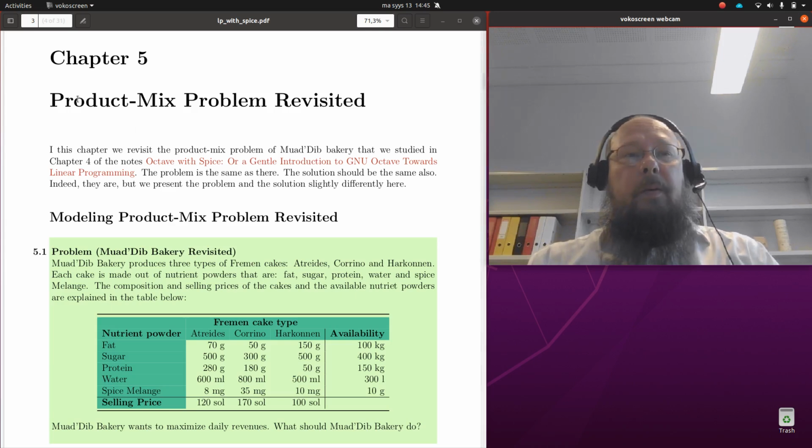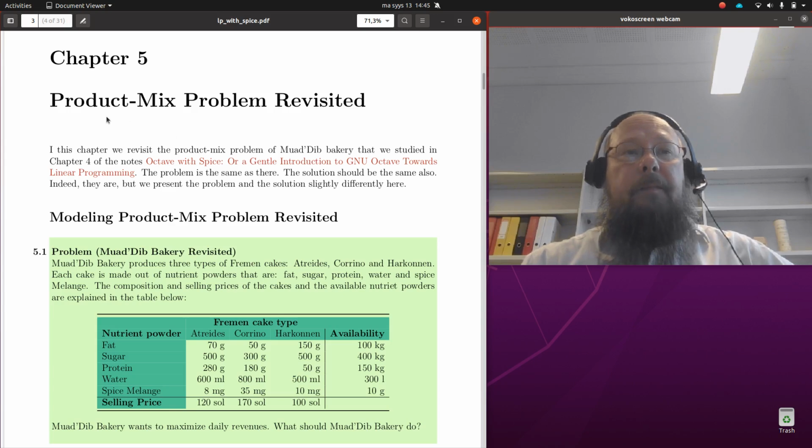So we have finished the Octave with Spice notes, and this is the first chapter, although it's called chapter 5, of the companion notes, Linear Programming with Spice.